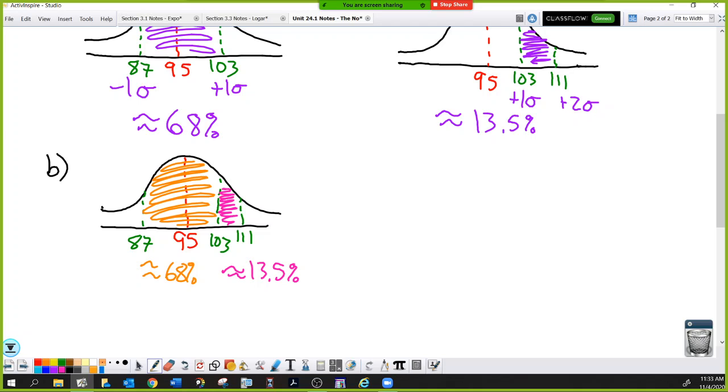So what's the probability it falls between 87 and 111? About 81.5%. We literally just added the orange and pink numbers. That's it. It's that easy.